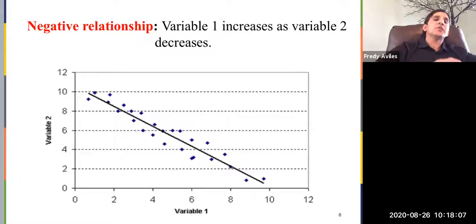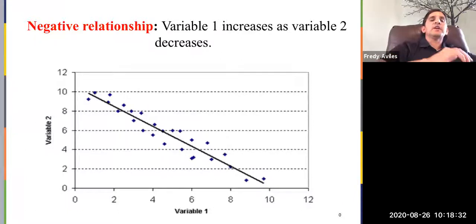If we look at variable 1, let's start at number 2 there. When variable 1 is 2, let's go up. We find a point there that says when variable 1 is 2, variable 2 is 8.